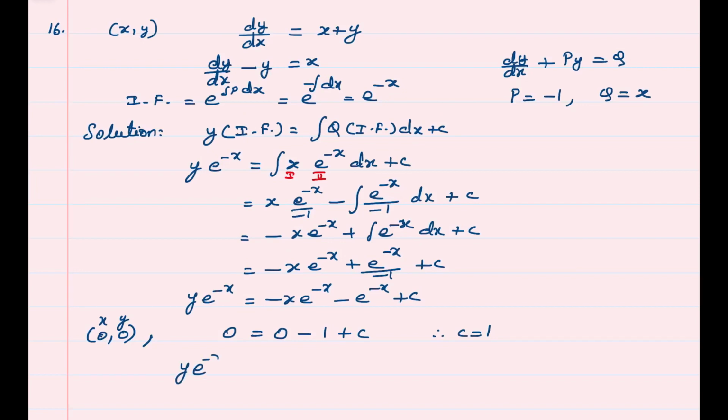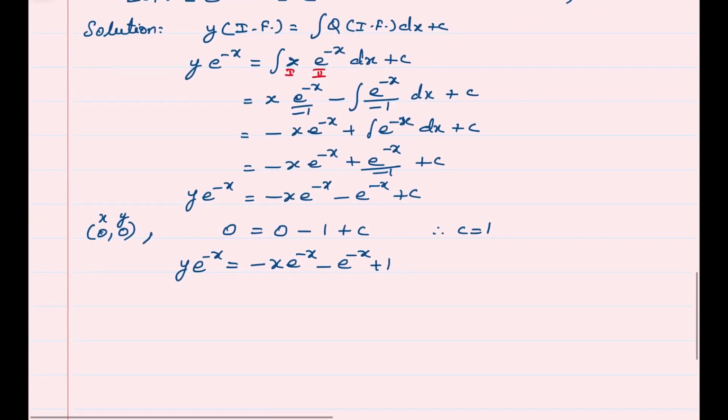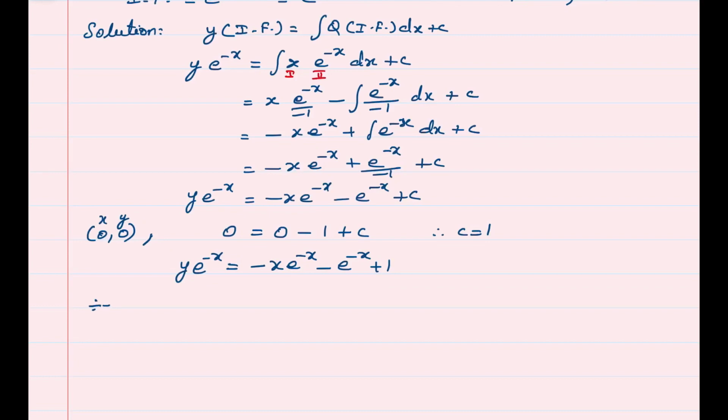Y times e power minus x is minus x e power minus x minus e power minus x, c is 1. We will divide the whole equation by e raised to minus x. Therefore, y is minus x minus 1 plus 1 divided by e raised to minus x. Therefore, the solution is y plus x plus 1 is equal to e raised to x.